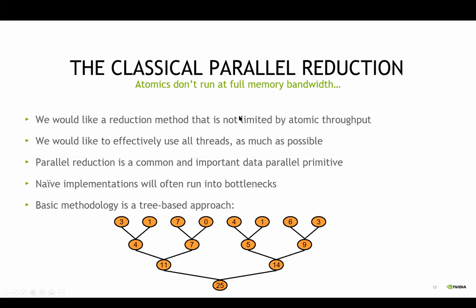I would like to focus on the operation that produced the result 11 on the lower left-hand side of this tree. That operation added 4 and 7 together. 4 and 7 were produced by the previous operations that added 3 and 1 and 7 and 0. Let's suppose that we have threads executing in no particular order. So the thread that's responsible for adding 3 and 1 produces its value, which is 4.